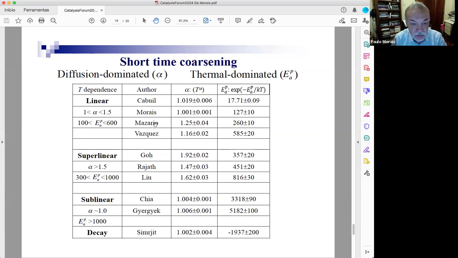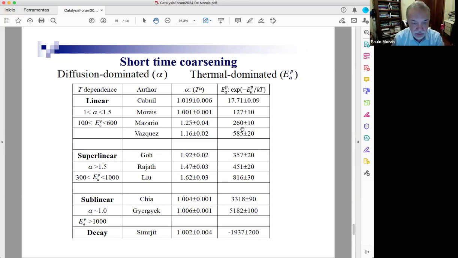The third data set fits the alpha exponent, which is the diffusion-dominated process, at 1.25, and the energy in this range. Okay, so if you look at all the linear data, you can see that the alpha exponent, which is the diffusion term, is in the range between 1 and 1.5. And the energy barrier is in the range from 100 to 600.